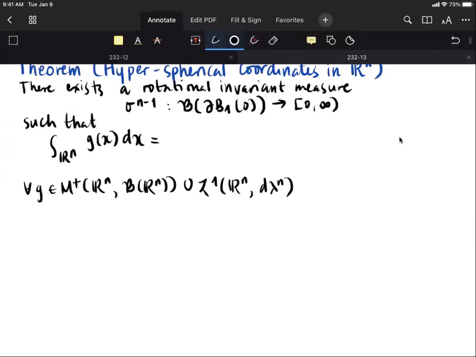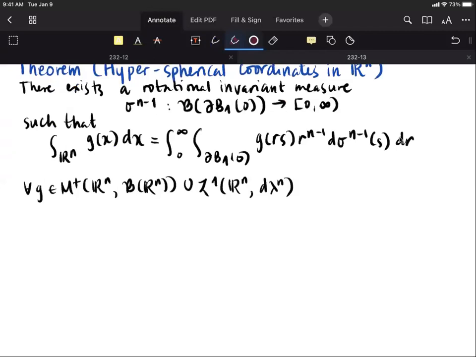This is equal to the following iterated integral, 0 to infinity and the integral over the unit sphere, g of r s, r^(n-1) d sigma n minus 1 with respect to s dr.